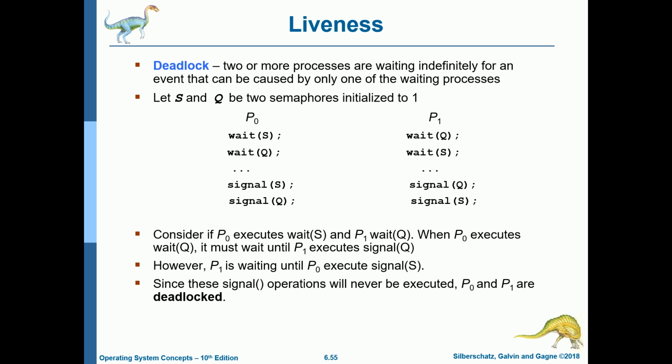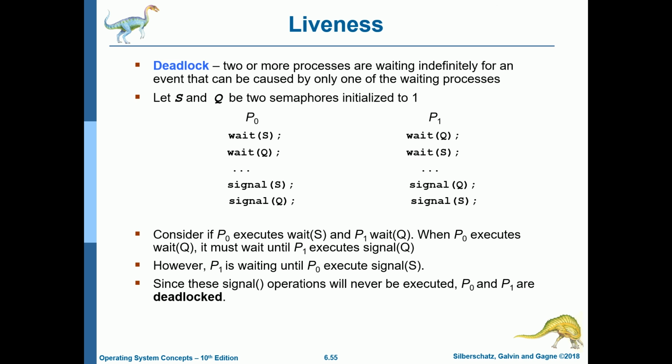We can see this illustrated here. So now let's suppose that we have two processes, P0 and P1, both accessing two semaphores, S and Q respectively. Let's assume that S and Q were set to the value of 1.